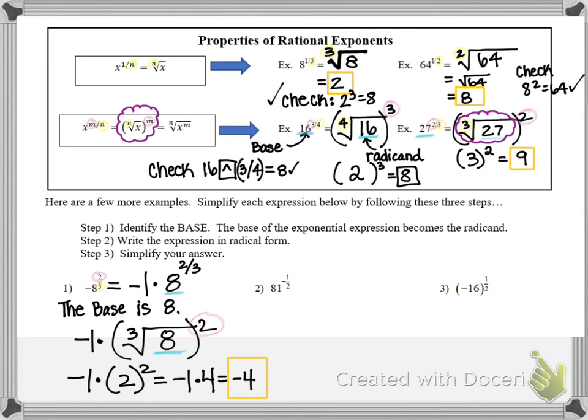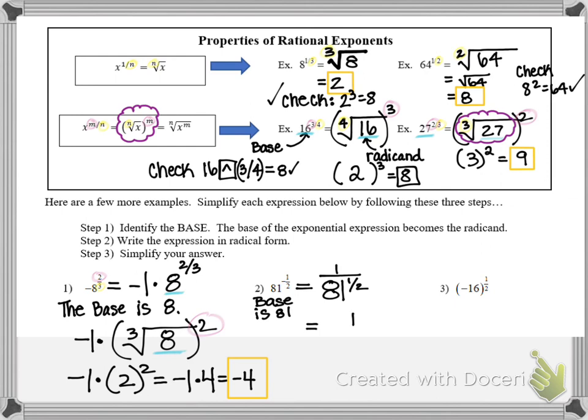Now I have 81 raised to the -1/2 power. Now my base is 81, but because of the negative exponent, the first thing I want to do is take the reciprocal. So instead of 81 to the -1/2 power, this is 1 over 81 to the 1/2 power. So I take the reciprocal, so I no longer have a negative exponent in my expression.